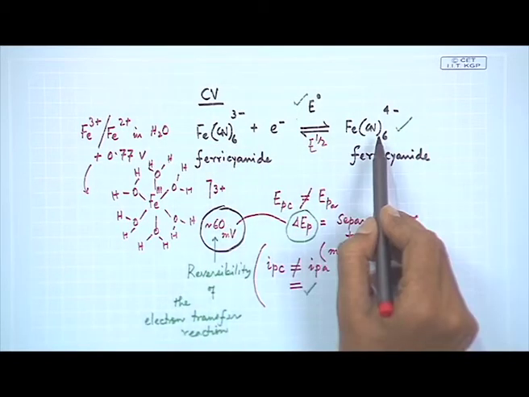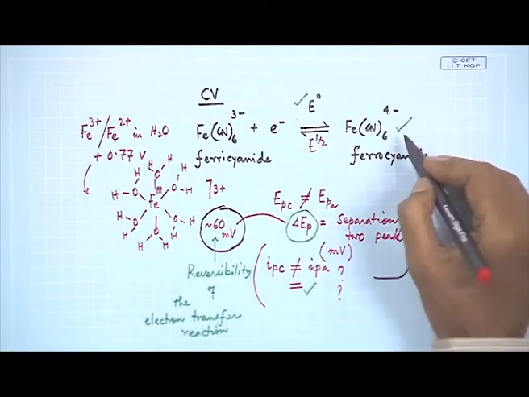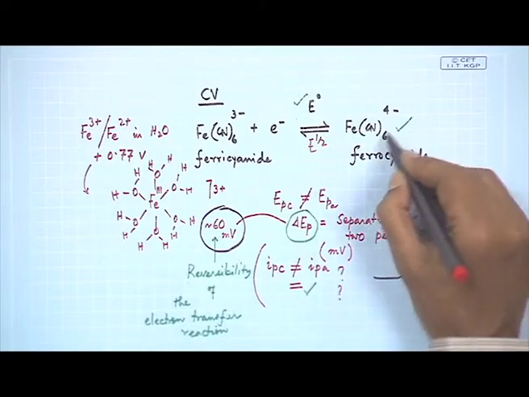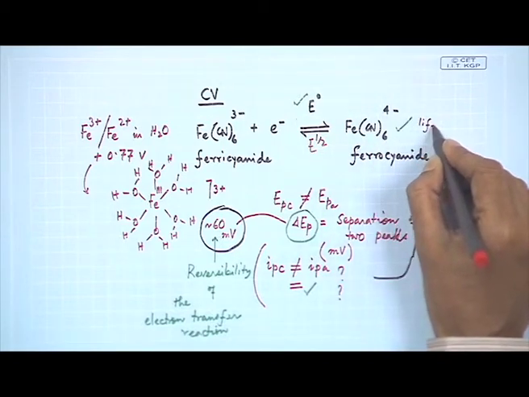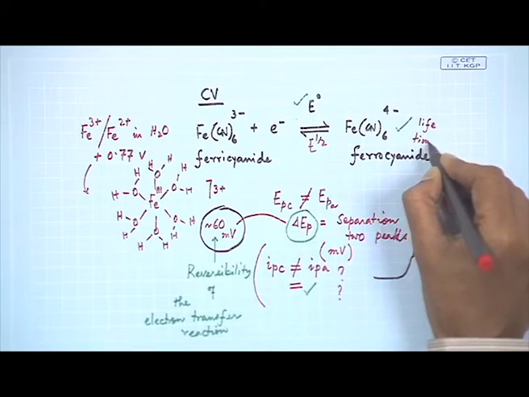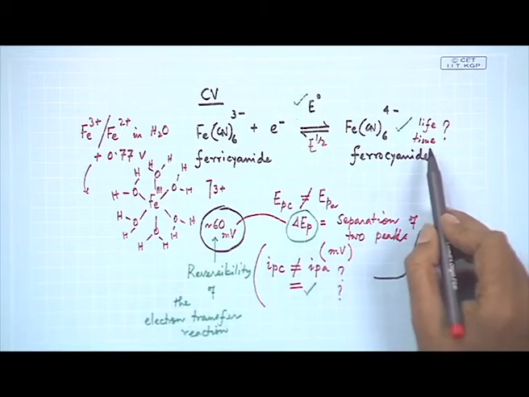Ferric is going to the ferrous state, then the ferrous state is again reoxidized. What I am talking about is the corresponding stability or the lifetime on the electrode surface.